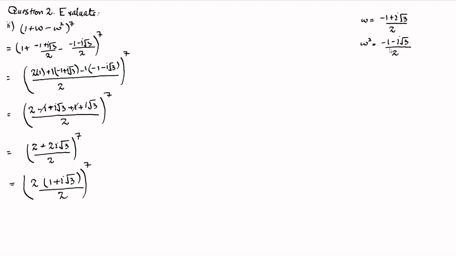Now as omega square is equal to minus 1 minus iota square root 3 by 2, multiplying both sides by minus, we have minus omega square is equal to plus 1 plus iota square root 3 divided by 2, since minus multiplied with minus is plus. So 1 plus iota square root 3 by 2 can be replaced with minus omega square.